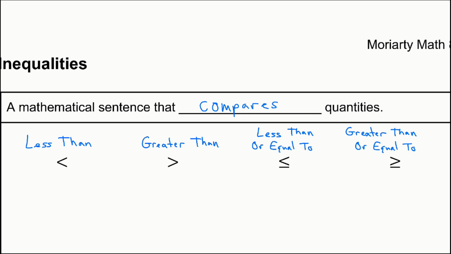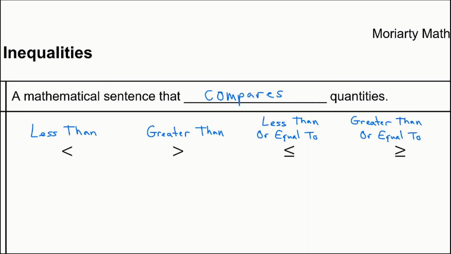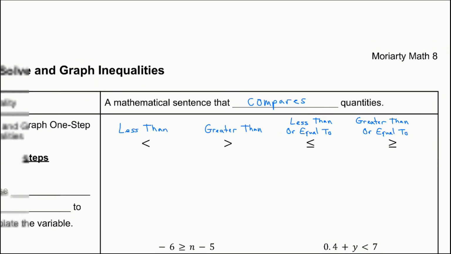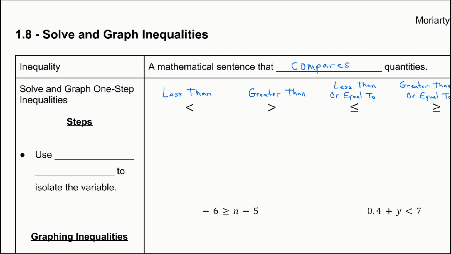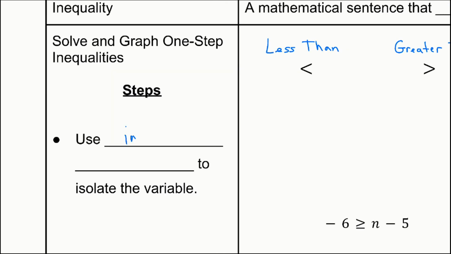Now, the front side of this set of notes is one step inequalities, and the back side is two step. When we deal with these inequalities, we're going to do the same sort of process that we will do with equations. With these one steps, you're just going to be using inverse operations to isolate the variable, get that variable by itself.